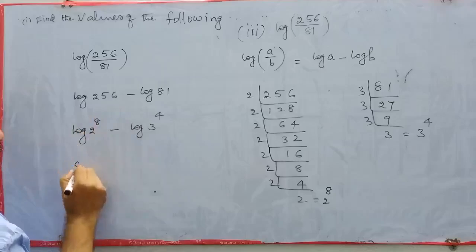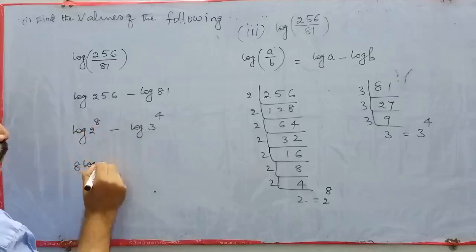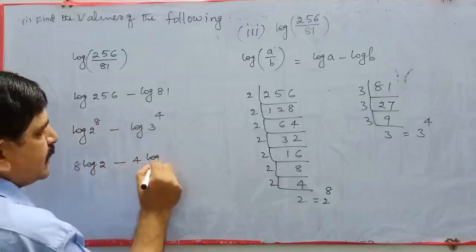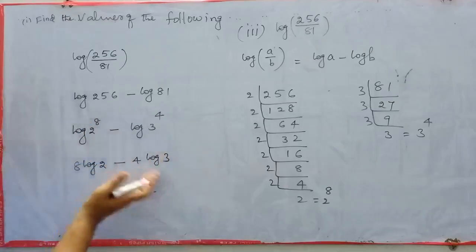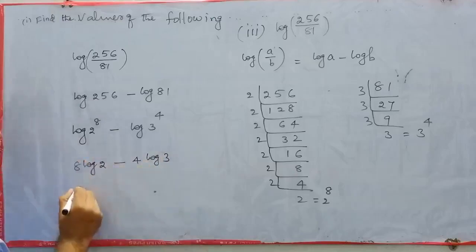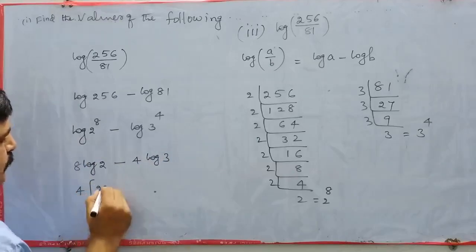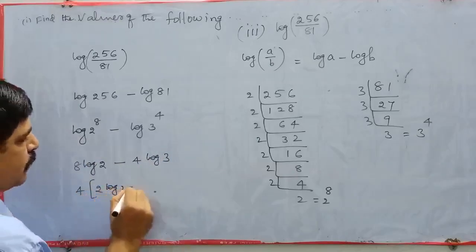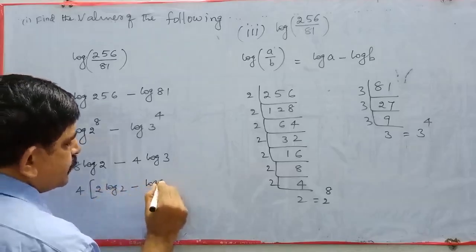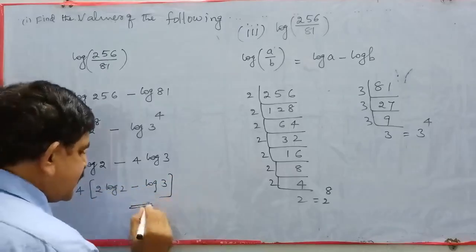So that is 8 log 2 minus 4 log 3. We can leave it, or otherwise you take out 4 as the common factor, then it becomes 4 times 2 log 2 minus log 3. This is the final value.